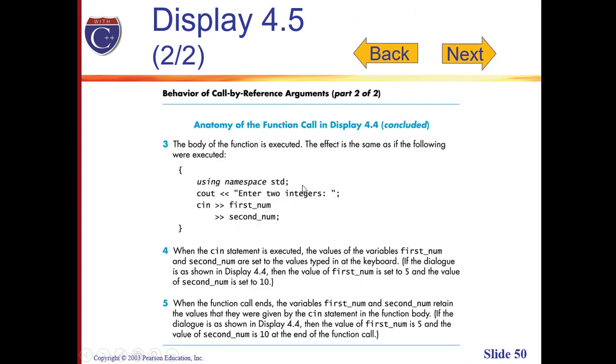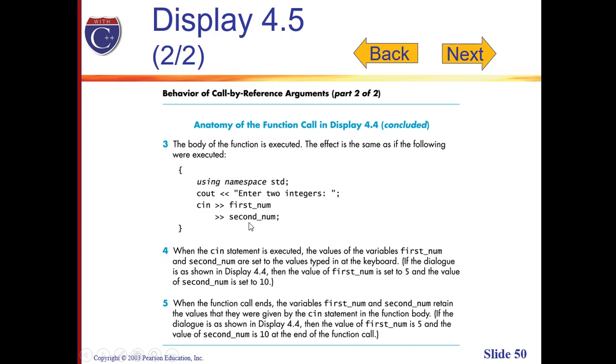Another one. Therefore, if we execute the function, the effect is the same as the following. In this case, the cin statement is executed. The values of the variables first num and second num are set to the values that we provide from the keyboard. But remember that we now have the reference to the memory location of these variables.